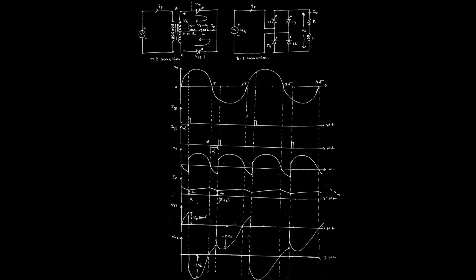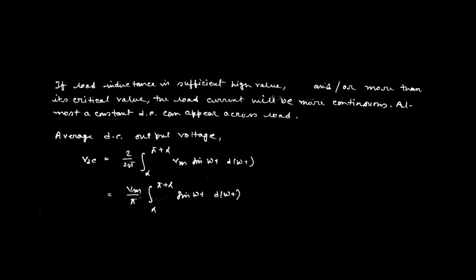Now we are going to calculate the average and RMS values, as the inductive load is there. That is why we are going to analyze the steady state operation as well as the transient operation. First, we are going to define the expression for the average value.